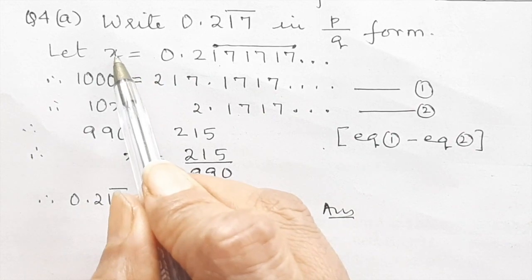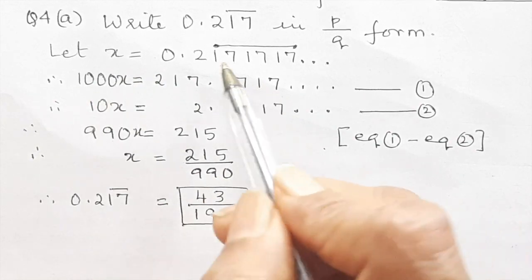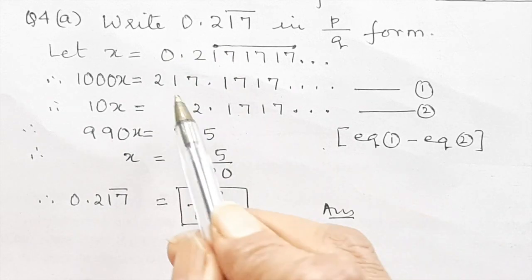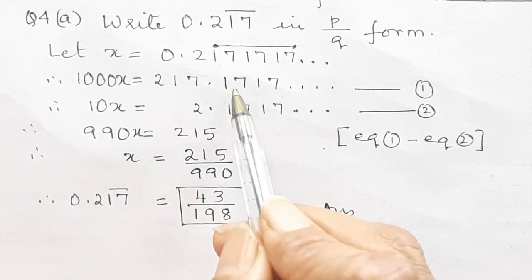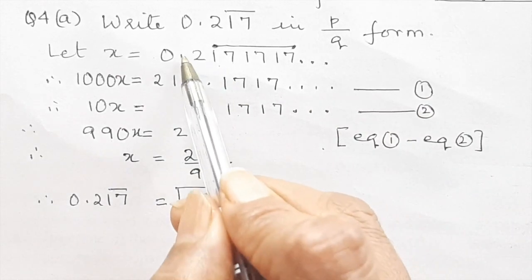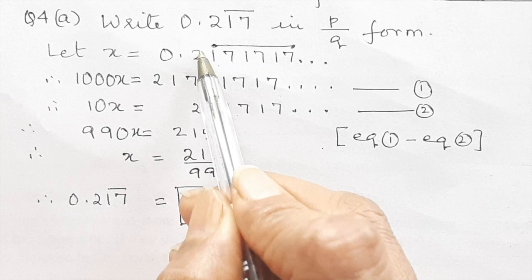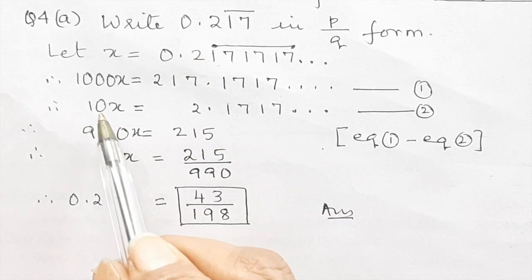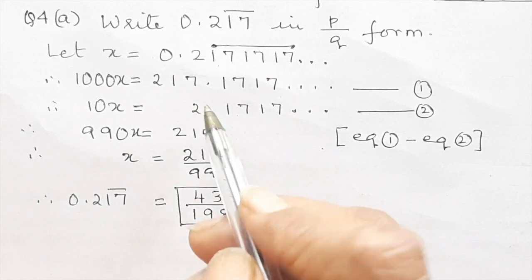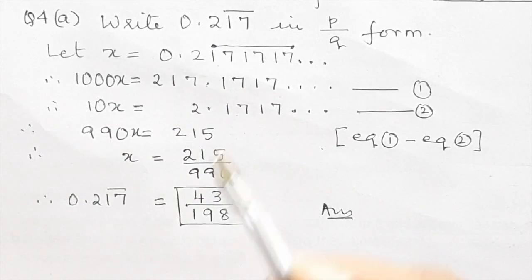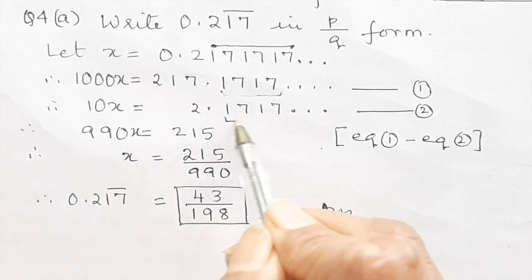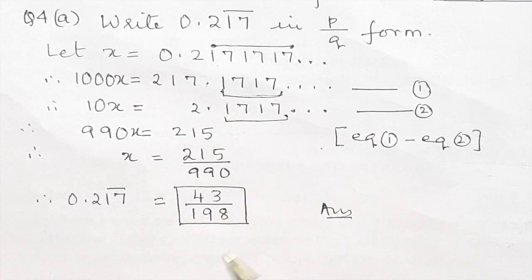So if I multiply x by 1000, then the decimal point here will shift by 3 places on the right. So it becomes 217.1717, and we'll call that as equation 1. And if we shift it by 1 place, which means if we multiply by 10, so 10x will be equal to 2.1717. Now when you write this, make sure that your decimal point is one below the other, and this portion and this portion, they should be one below the other.